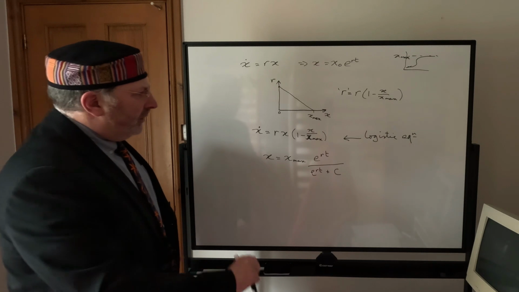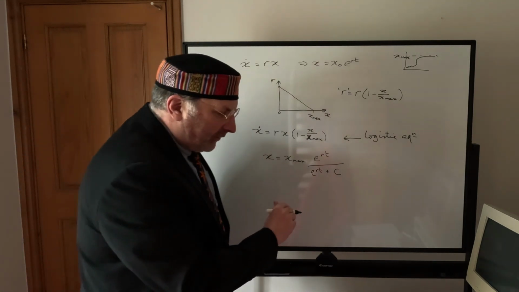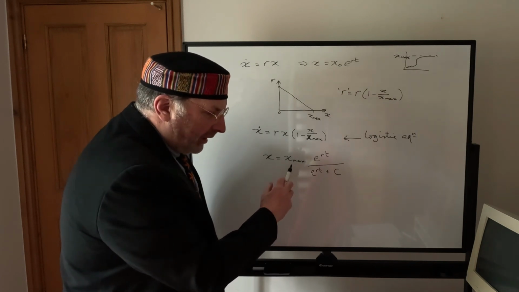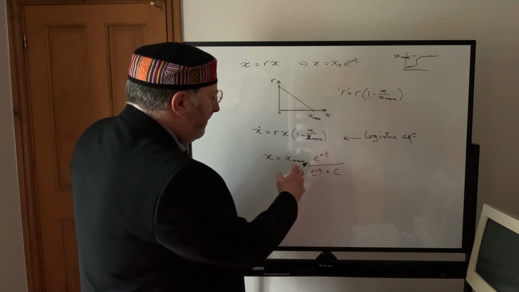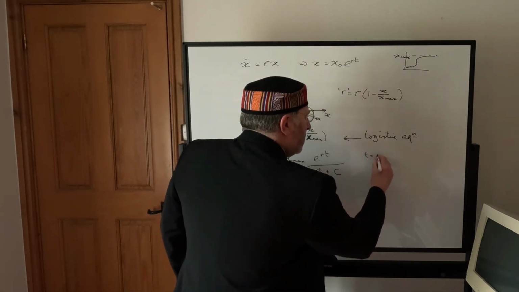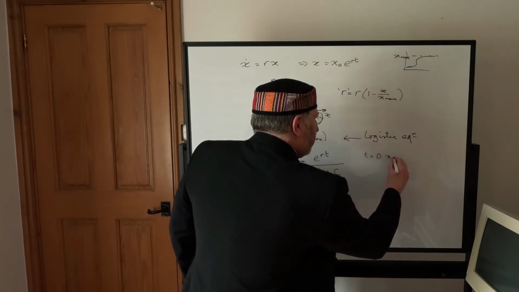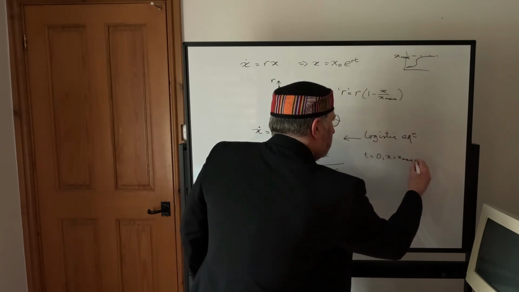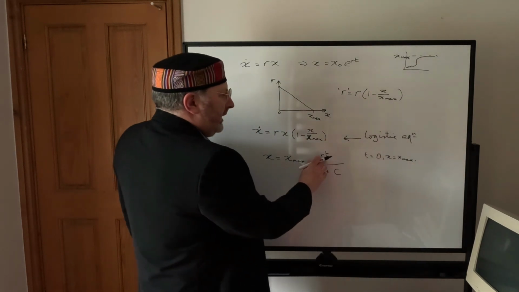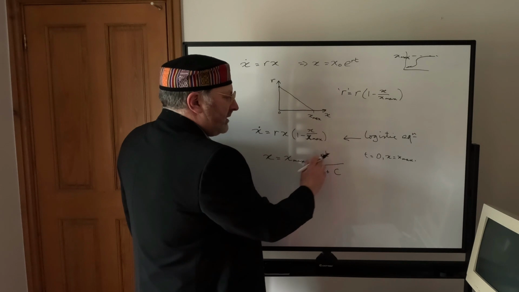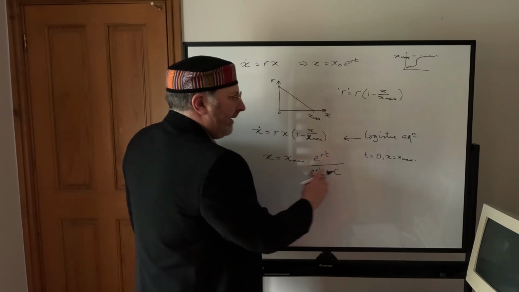And this c, in fact, we can work out what it is, because at time 0, when t is 0, x equals x max times e to the rt, t is 0, so e to the 0, which is 1, ditto here.